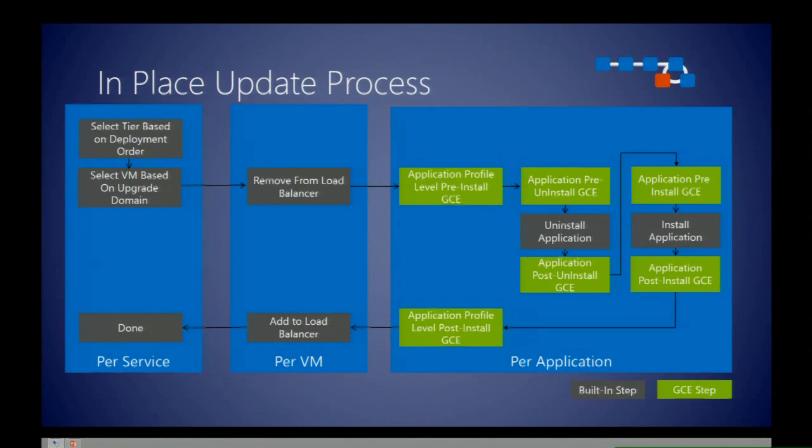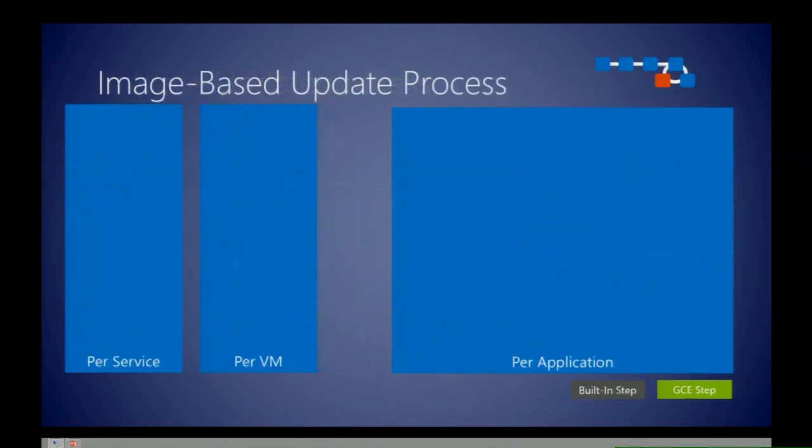This works for some kinds of applications, like SQL frameworks and web deploy frameworks. It works for some specific situations, and if you have the state of the application separated from the state of the operating system, that would be something like Server App-V, one of those types of packages. Then we have something called an image-based update process.